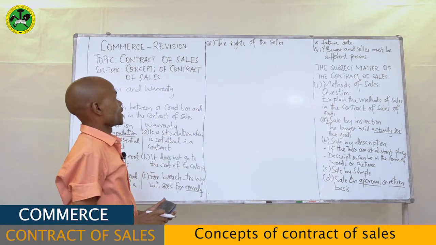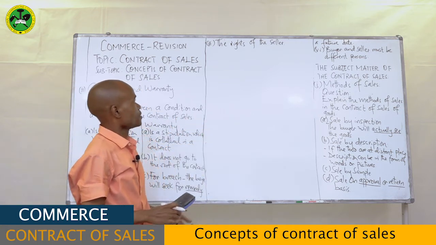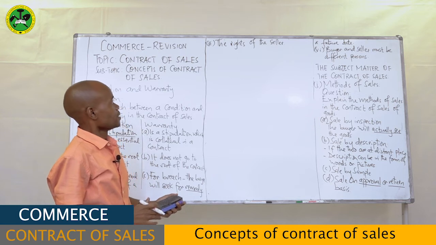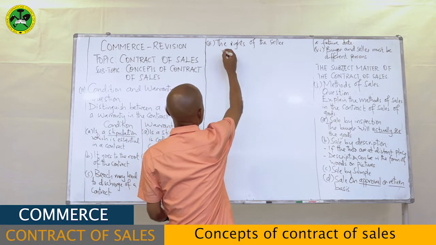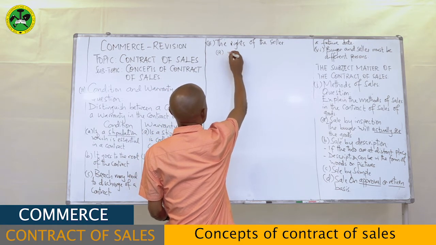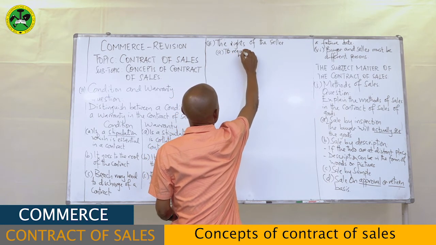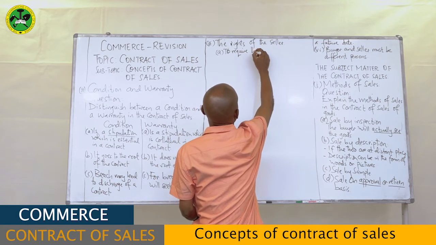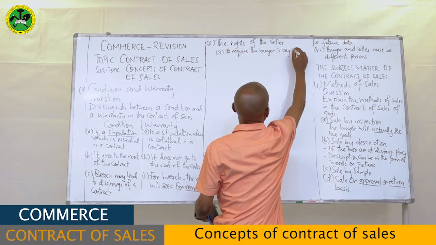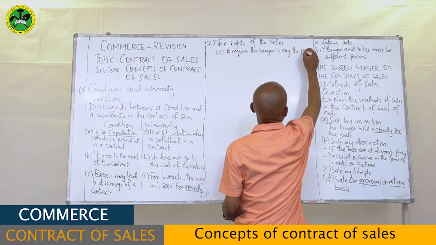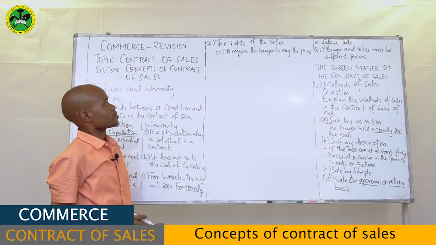In the contract of sales, the seller has the following rights. Number one, to require the buyer to pay the price.